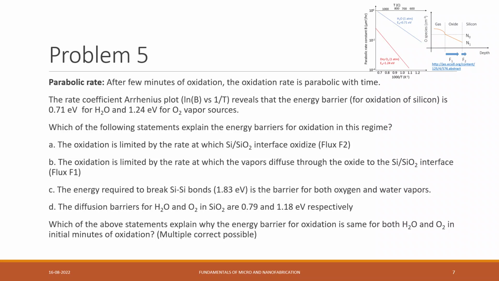We see that wet oxidation has an activation energy of 0.71, while dry oxidation has 1.24 electron volt. So we have to tell why the energy barriers are different in this region, and we have to tell the reasons too. You can see that the initial energy barrier was the same, but now it's different: for wet it's 0.71, and for dry it's 1.24 electron volt.